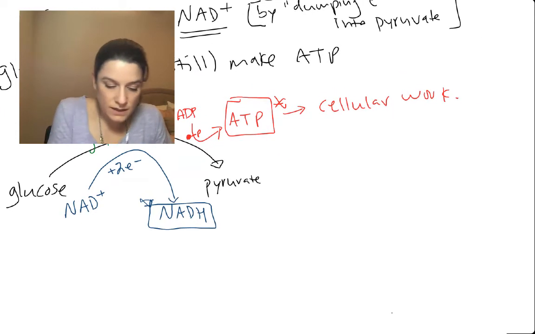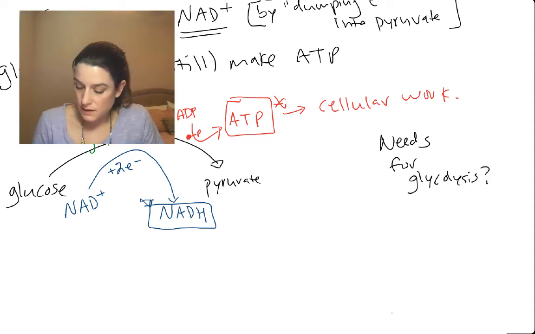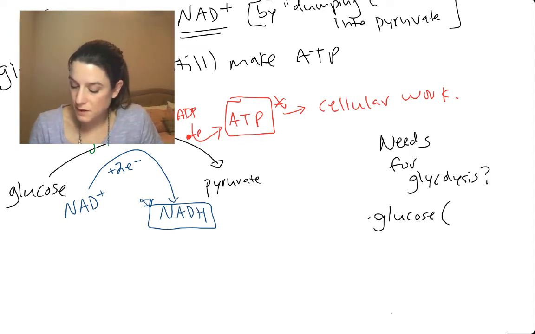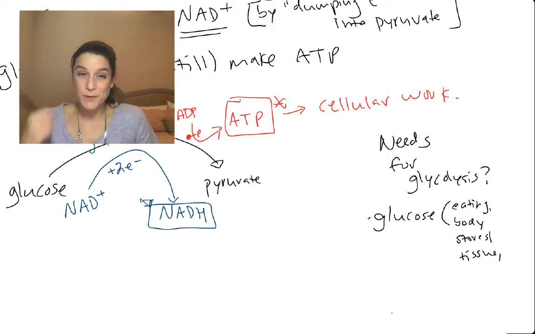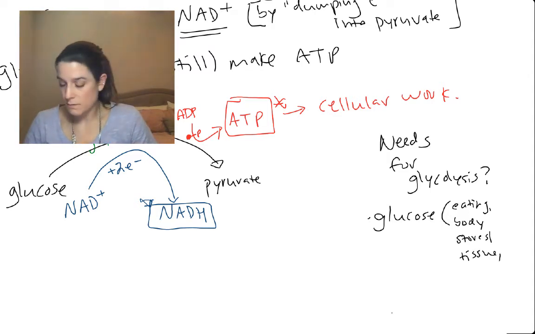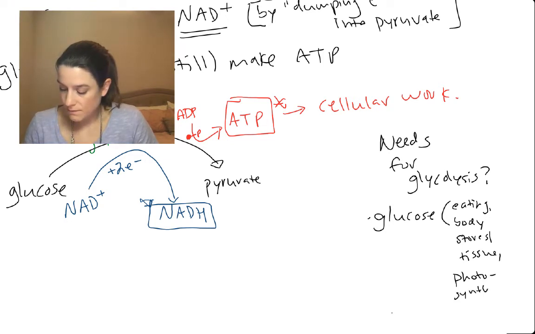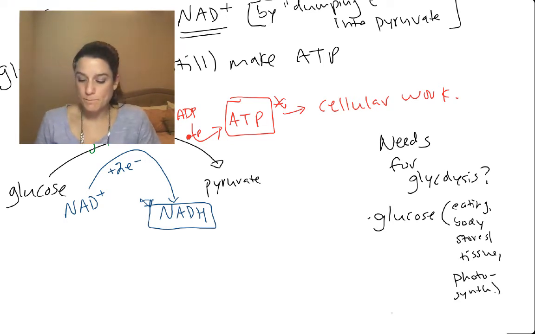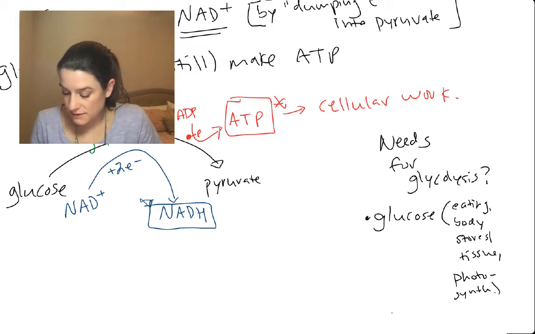Now, what do you need for glycolysis? You need glucose. So you either get that from eating, you get that from body stores, like body tissue, which came from eating, or could come also from photosynthesis. So you've got that as long as there's that coming in.